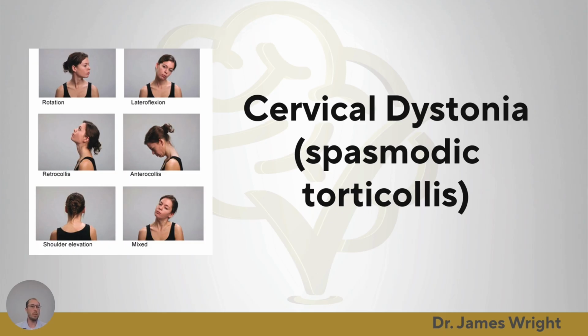Torticollis is more of a used term for a lot of chiropractic offices, and torticollis essentially means wrenching or twisting of the neck. As you can see in the visuals we have here, there are different kinds. So you have a rotational-based one, you have a flexion-based, and then you can also get ones that protrude and extrude. So really any motion of the neck can have a dystonic or automated movement that you typically can't control.